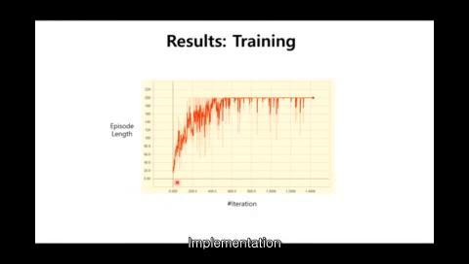As we can see, early in the training, the length of the episode is too short, and then it increases after a few hundred iterations. After 600 iterations, there are a number of episodes that reach 200 time steps.